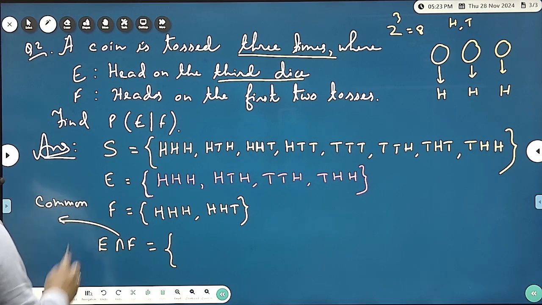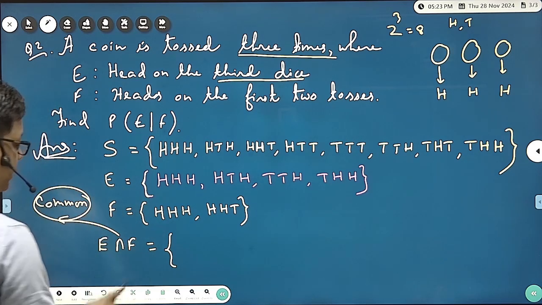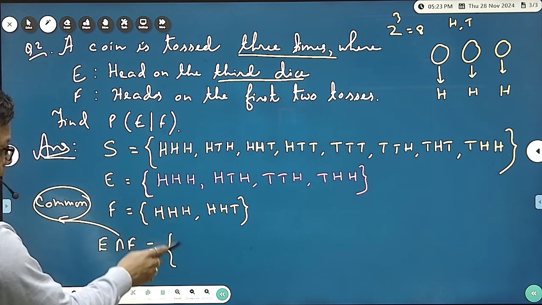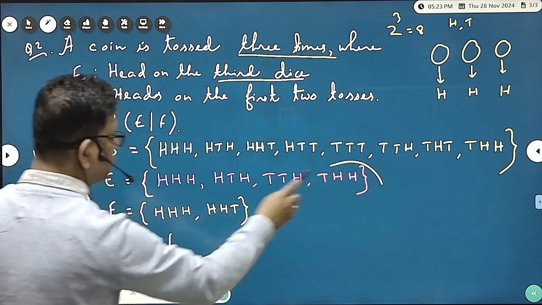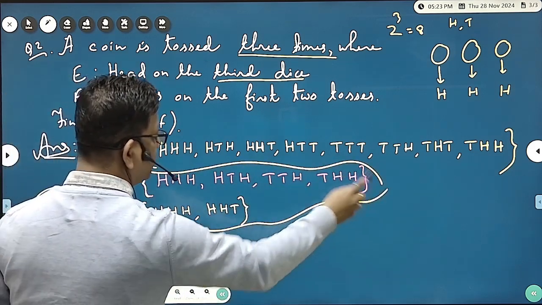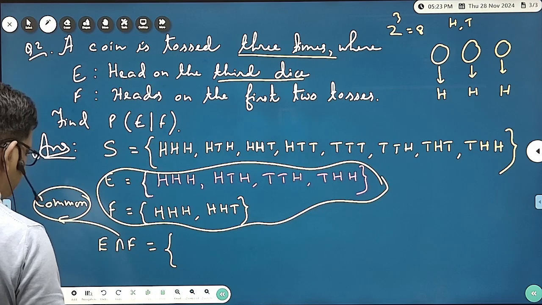So that symbol refers to the common elements, which are there in both E and F. In these two, we have to find the elements which are there in both.